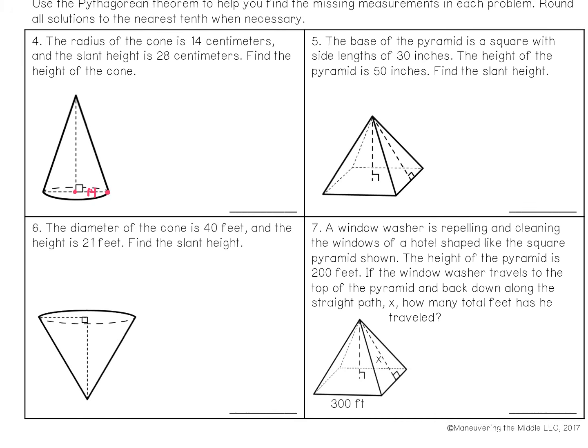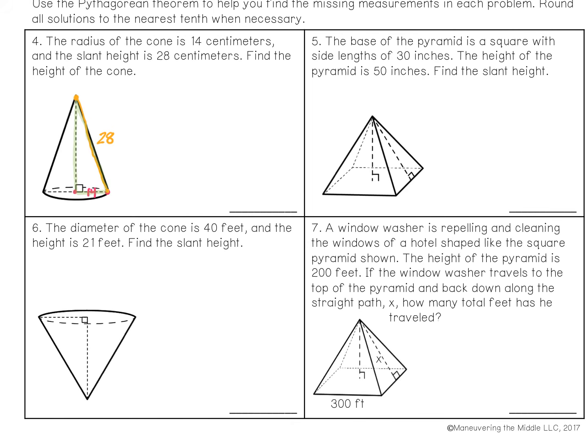The slant height, or the height on the outside, is 28 centimeters. And they're asking me for the height, or this inside height of the cone. So I've used the slant height, the radius and the height to make a right triangle.